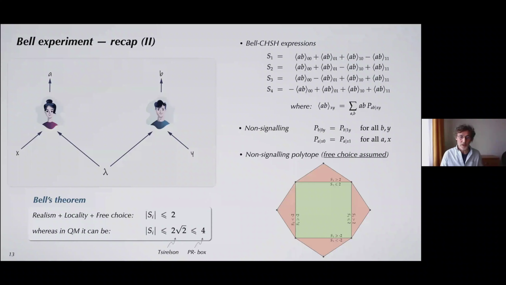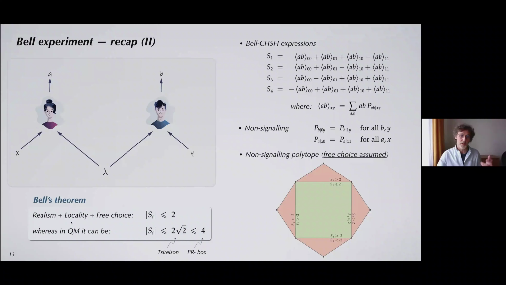But before that, I'll need to finish the story with Bell's theorem. So let's assume that we have this binary setting scenario with two possible outcomes. We all know that then you create those three expressions, which are important in this case.